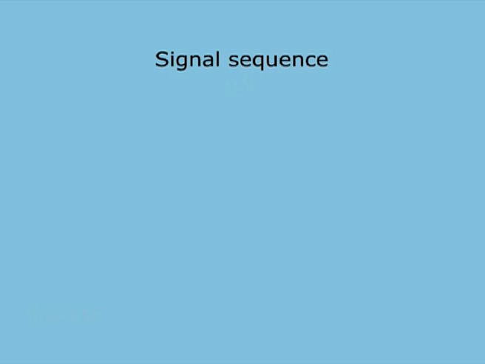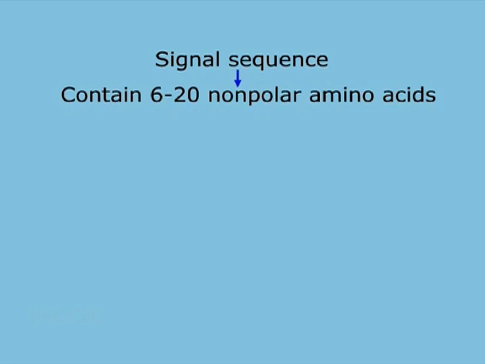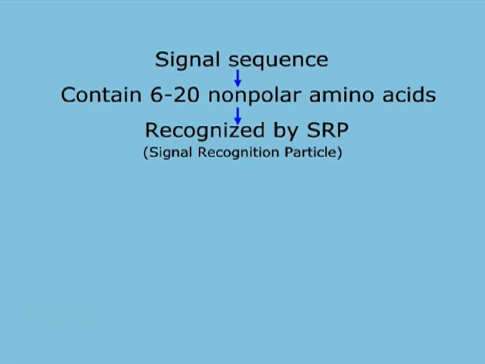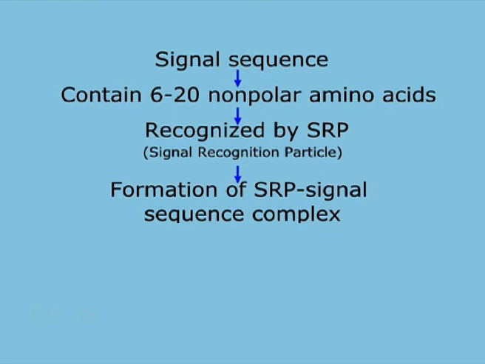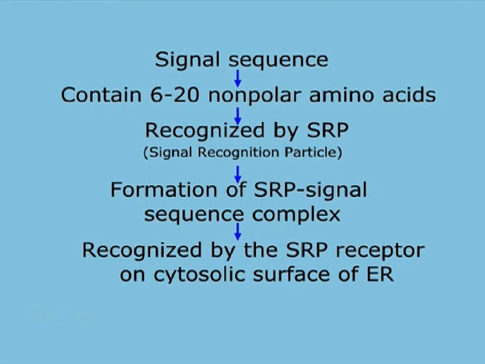The signal sequence includes a stretch of 6 to 20 non-polar amino acid residues recognized by signal recognition particle or SRP. The SRP signal sequence complex of the nascent polypeptide is recognized by the SRP receptor located on the cytosolic surface of endoplasmic reticulum.